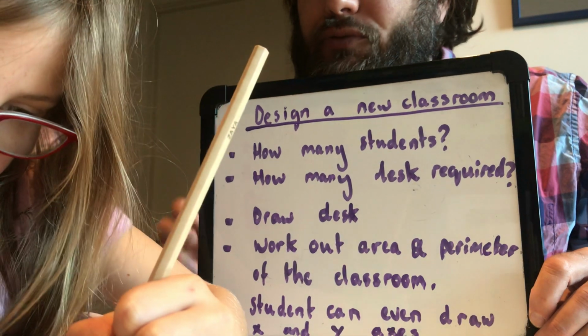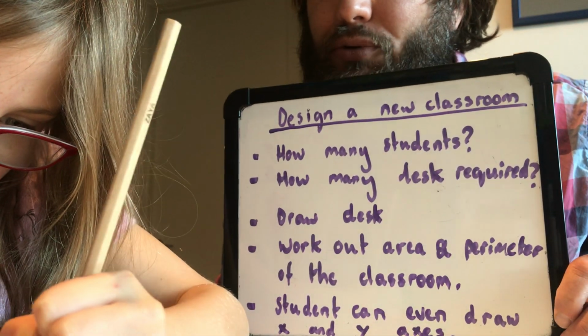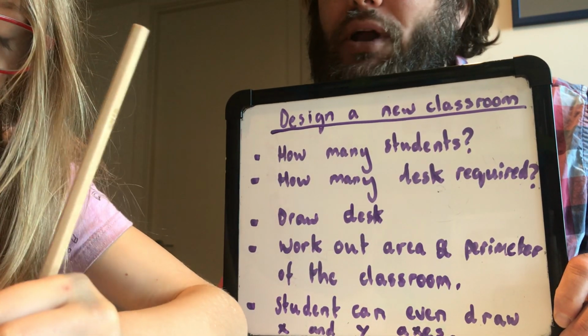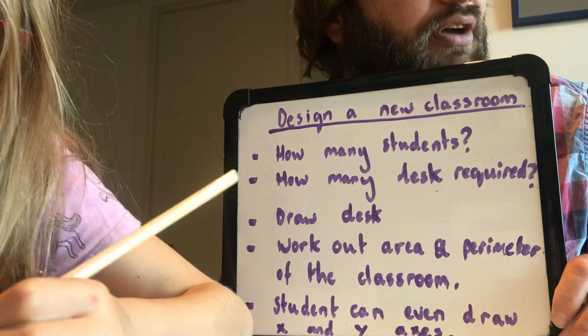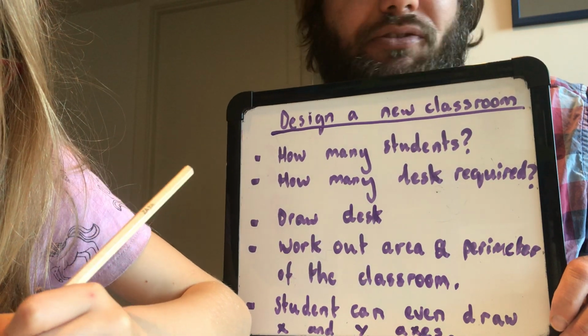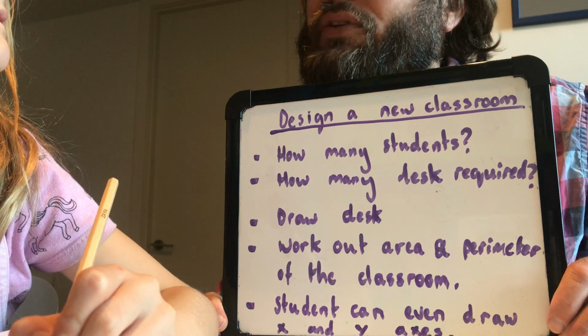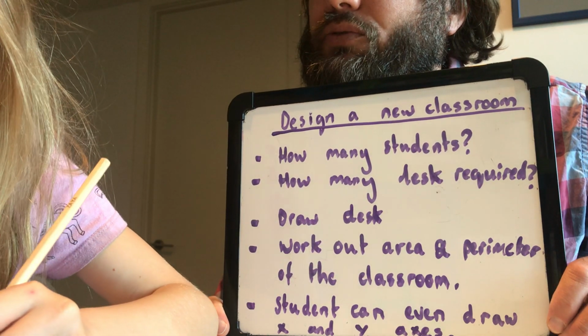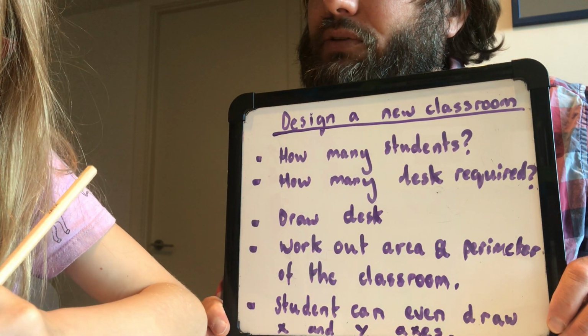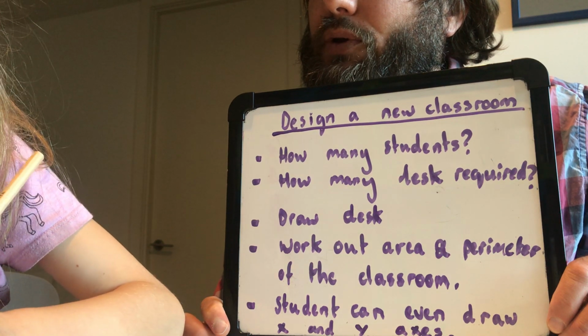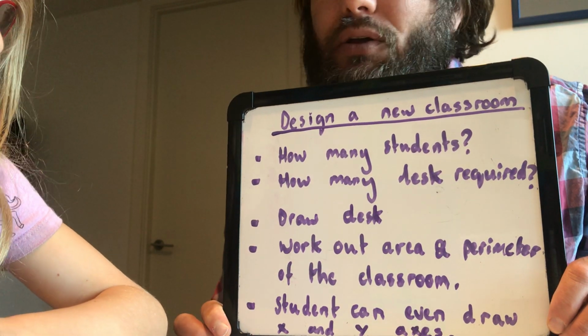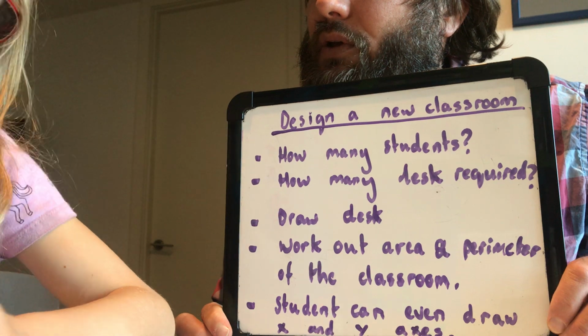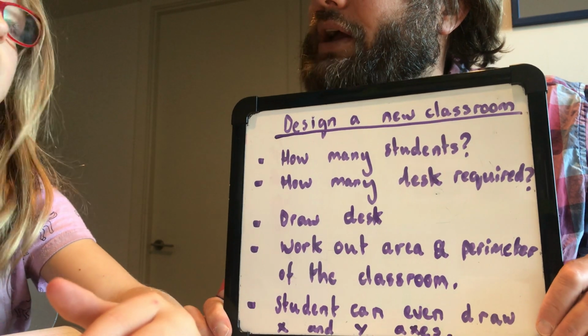Perimeter. What is a perimeter, Zaya? The way I remember this is if you say the perimeter of the fence. Now, what do you think perimeter means? Look at the clues that I gave you.